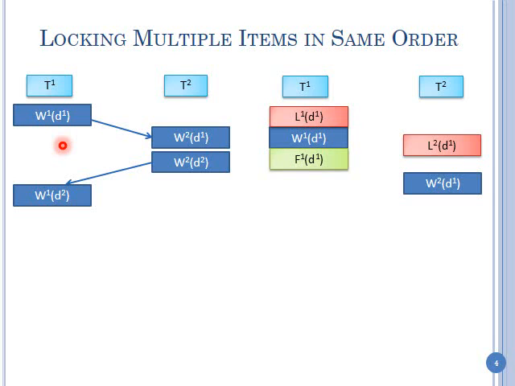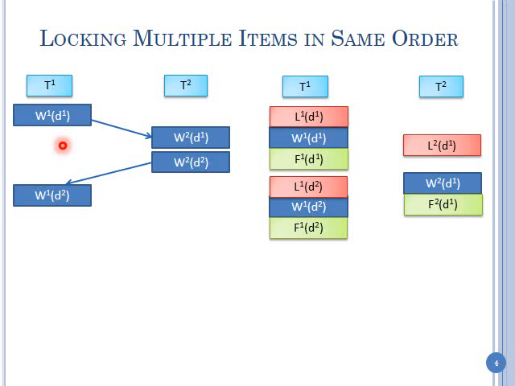It writes it. Then this guy goes and locks item 2, and this guy follows. Things seem to have worked. Acts as a serial.